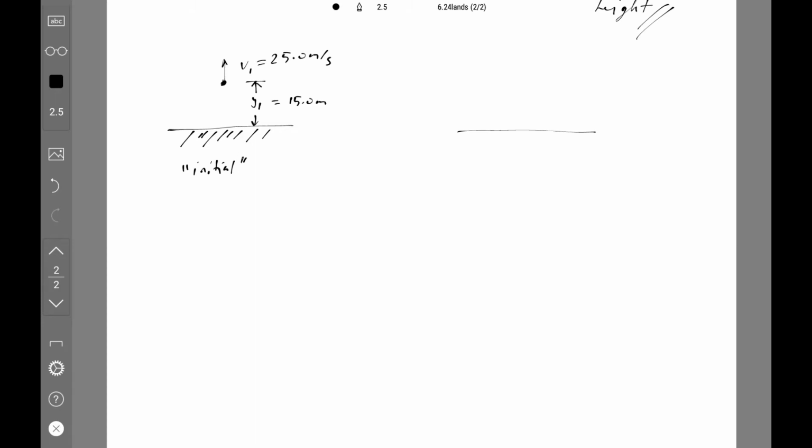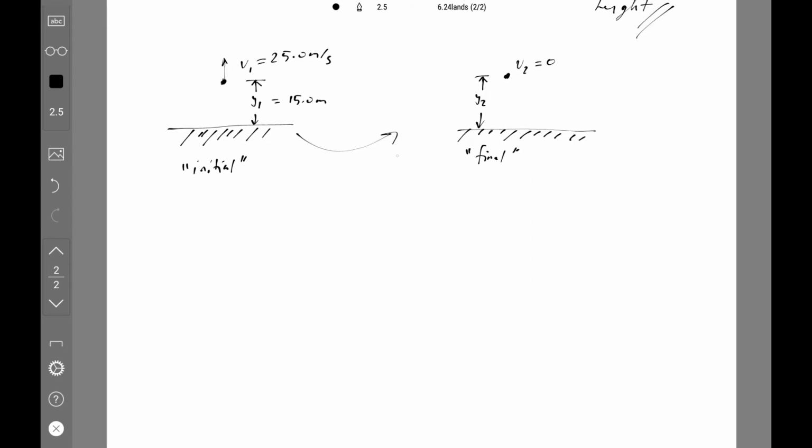So that's the initial state. The final state: V2 is 0. Y2 is the thing we're trying to find out.